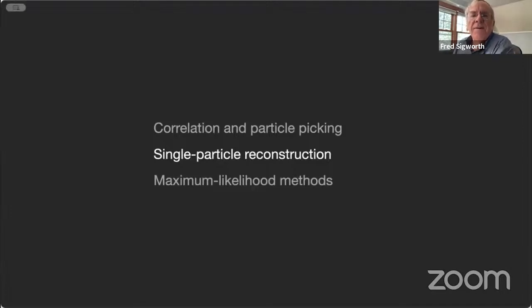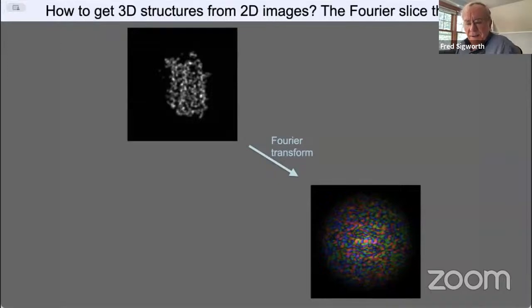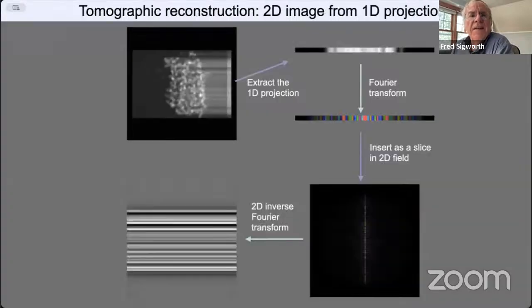Okay, so let's go on to the single particle reconstruction issue. I'm just going to talk about reconstruction of a 2D object from 1D projections because it's readily generalized. So we start out with the idea that there's a Fourier transform of any image. And as I was saying last hour, we compute a 1D projection.